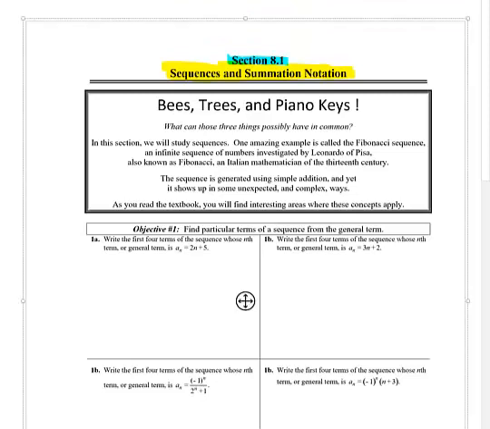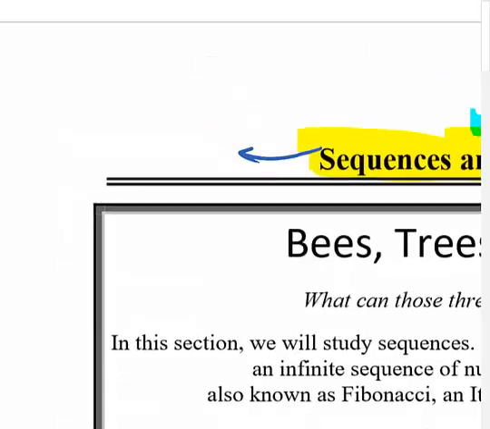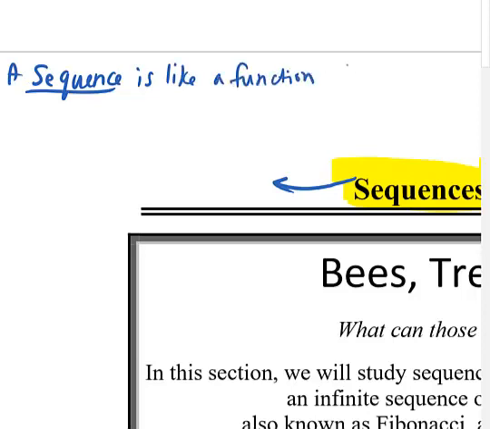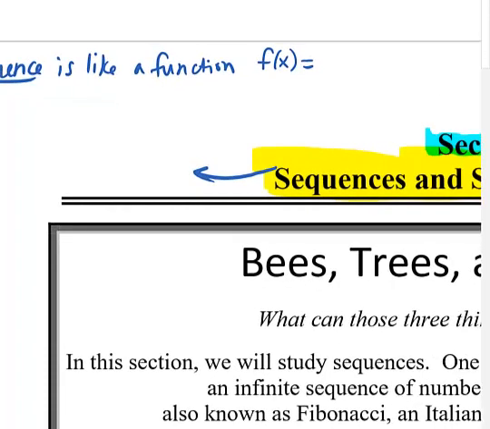A sequence is kind of like a function. We've seen before, say, f of x equals some kind of command: I want to input x, and it'll output, let's say, 2x minus 3.